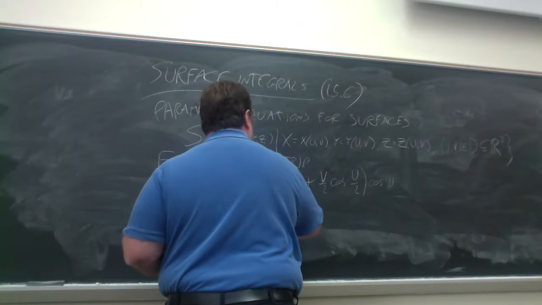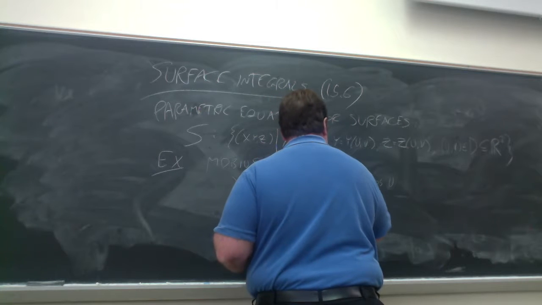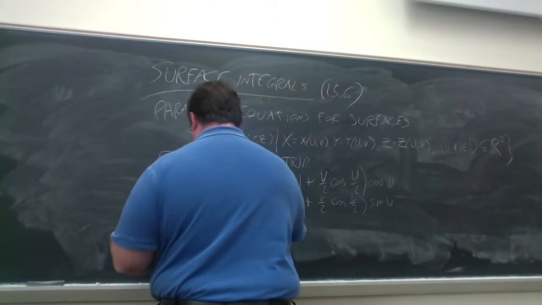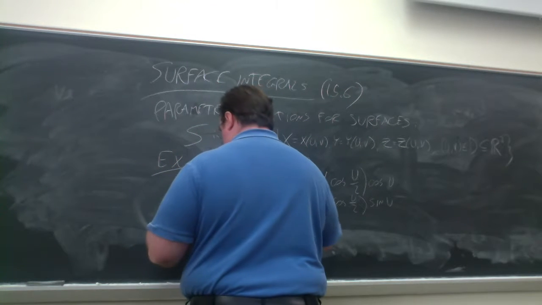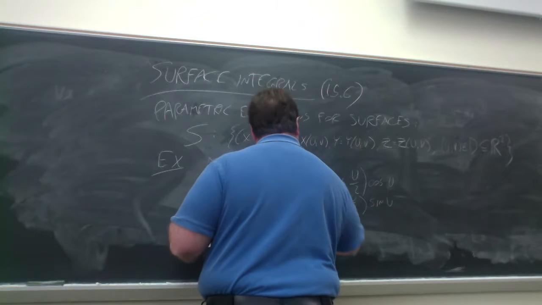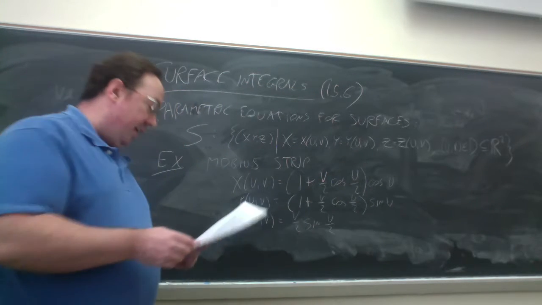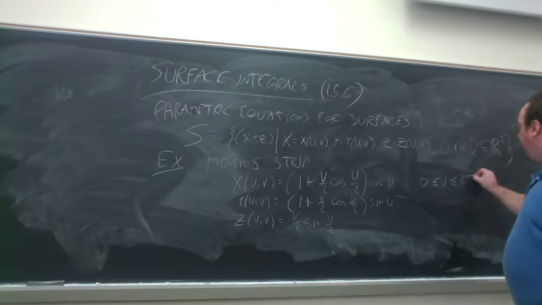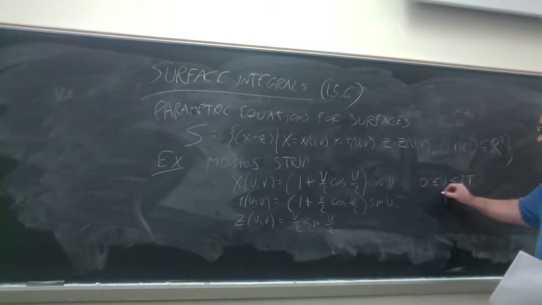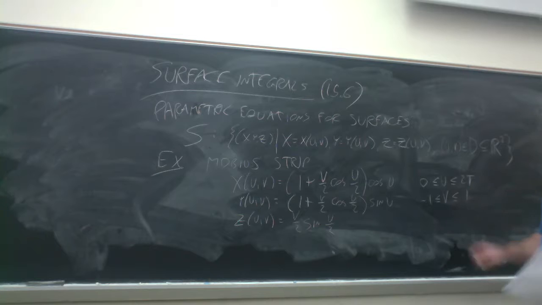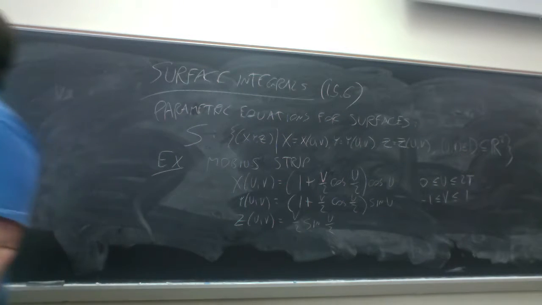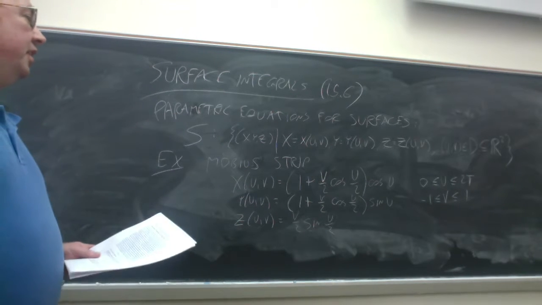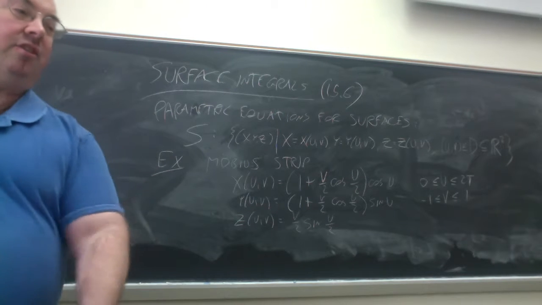So y is a similar thing, with sine u, and then z is v over 2 sine u over 2. And u being an angle goes from 0 to 2 pi, and v goes from -1 to 1. So I just easily could describe this using polar coordinates, where v is like the r variable and u is like the theta. But I'm going to try to use u and v consistently in all descriptions of surfaces.